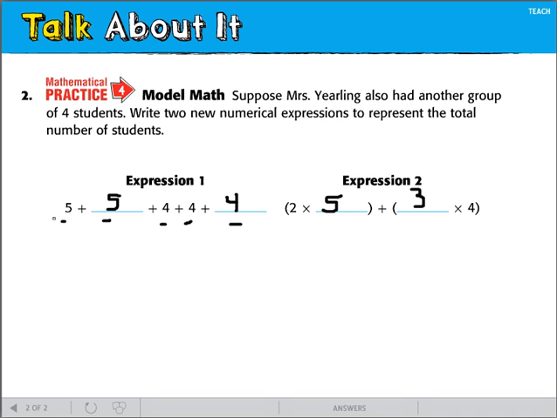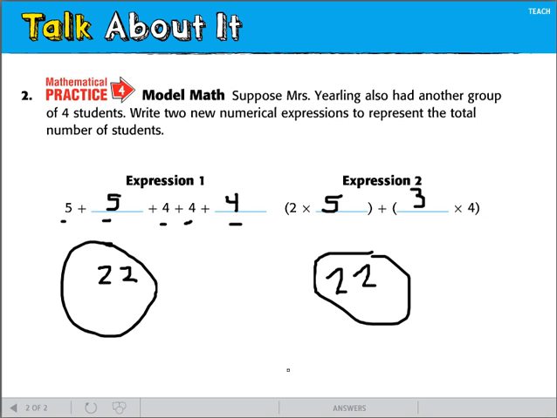Now, if we were to solve this, 5 plus 5 is 10. Okay, 4 plus 4 is 8, plus 4 is 12, so that's going to give us 22. 2 times 5 is 10. 3 times 4 is 12. 10 plus 12 is 22. So you can see we have the same number of students in both problems.